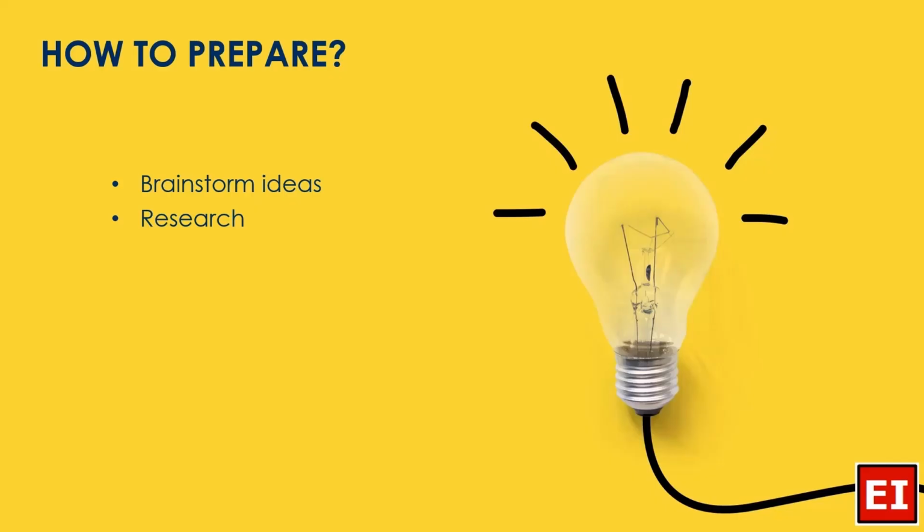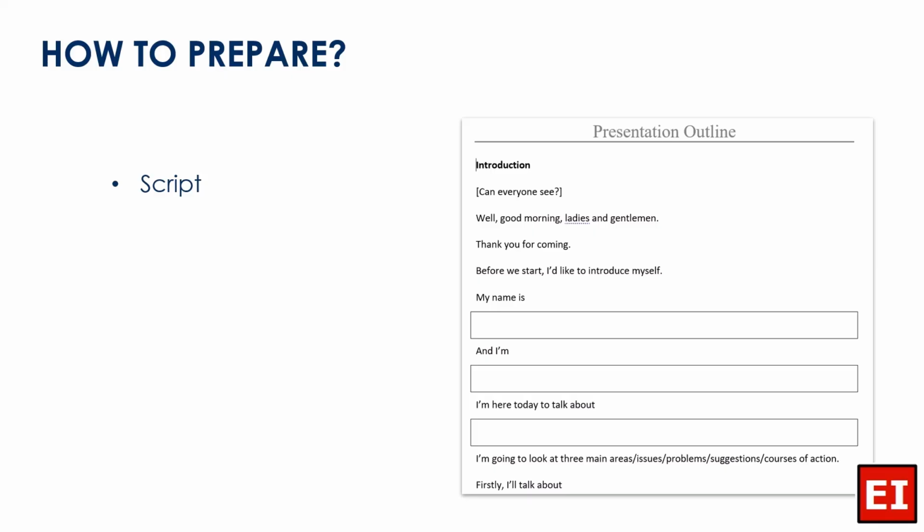So, how to prepare presentations? Well, we start with brainstorming ideas or doing some research to find out something interesting to say about the topic. Then you might want to use a script to prepare your presentation.